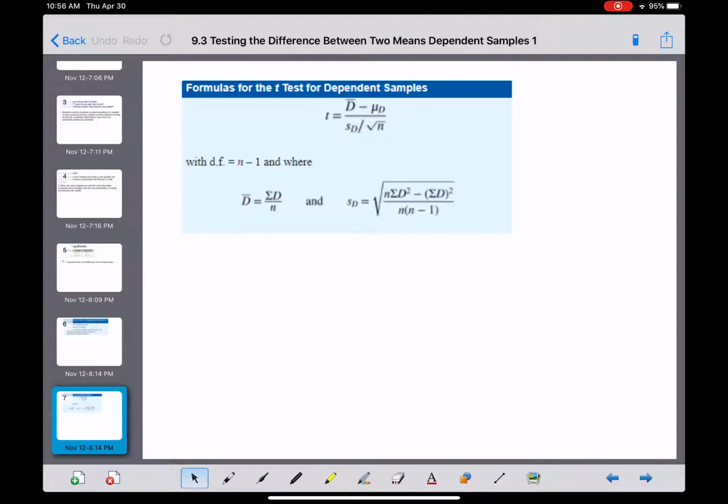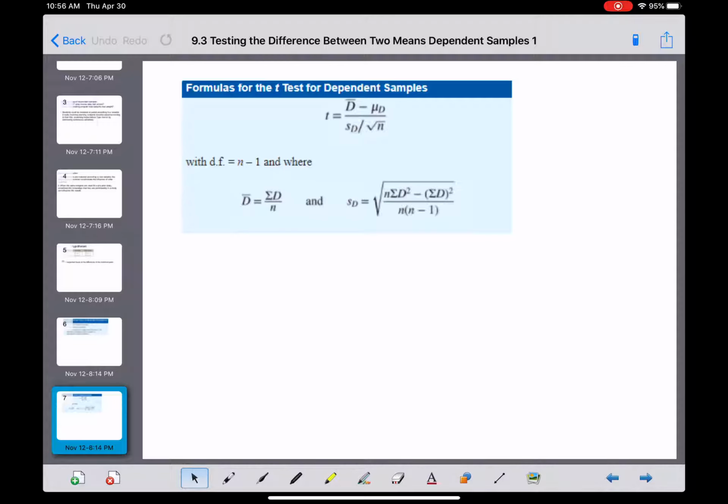This is our formula. With this formula, there's a little bit more involved in finding these. So we're going to have to find the standard deviation, there's a whole lot going on there. So we're going to have a table view to help calculate that. But it's still the sample mean.